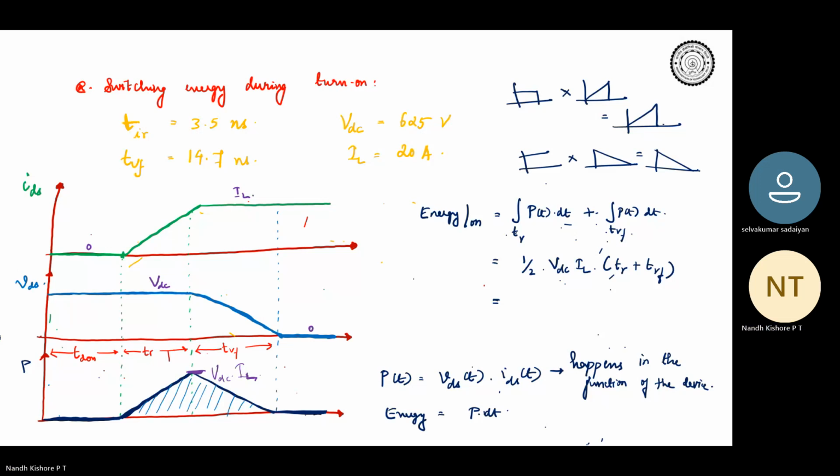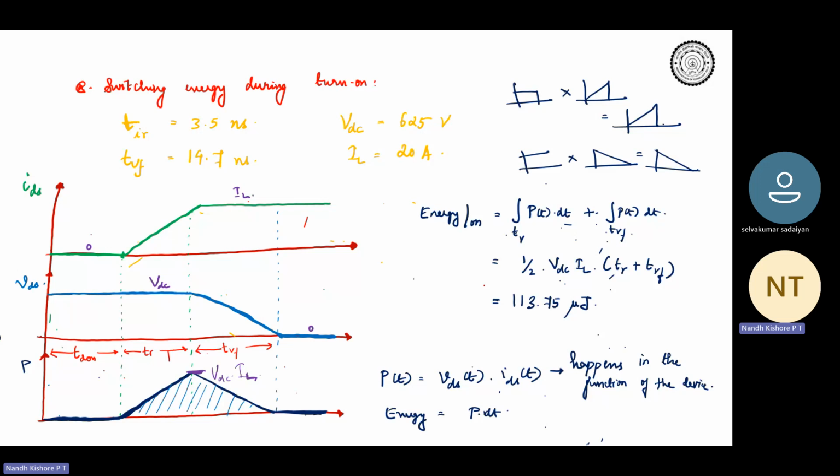I'm getting somewhere around 113.75 microjoules.